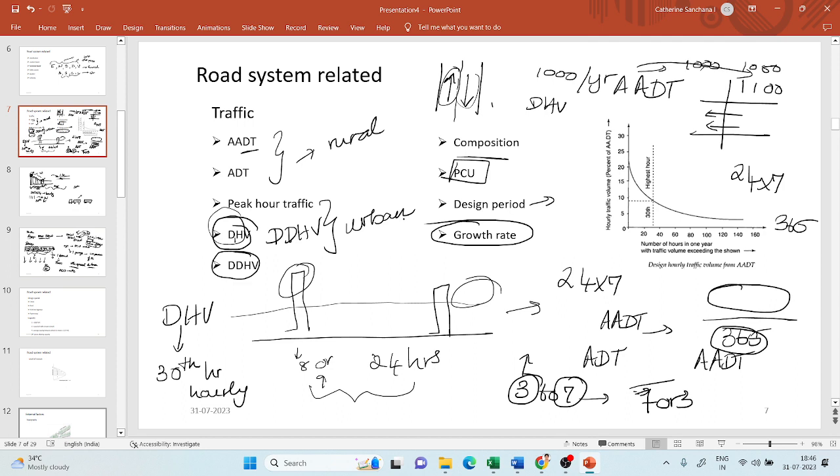So you will not be designing the road for today's traffic. You will be designing it for the traffic of the 20 years, or the design period that you have considered. The traffic count will not remain the same every year; it will keep on increasing, which is accommodated in the growth rate.